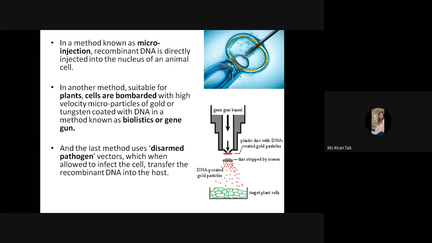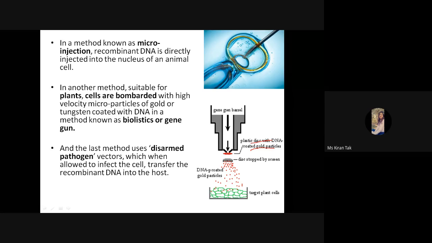Here the recombinant DNA is coated on gold particles, and with force, from the plastic disc, these gold particles are bombarded on the target plant cell, and now the plasmids are present inside the cells.